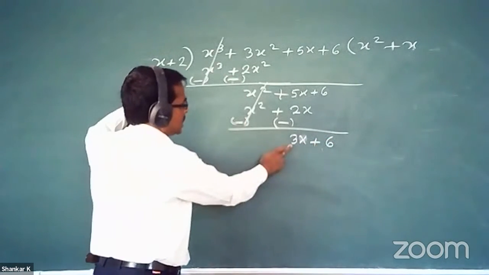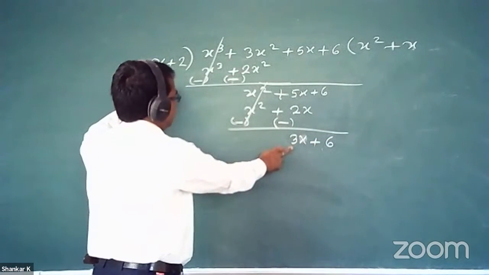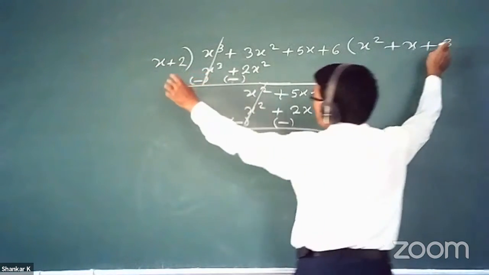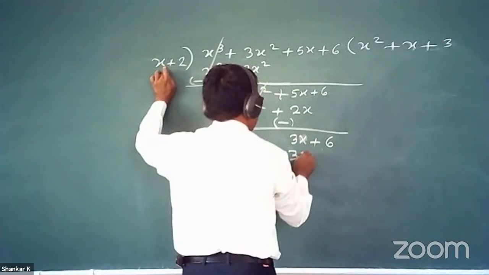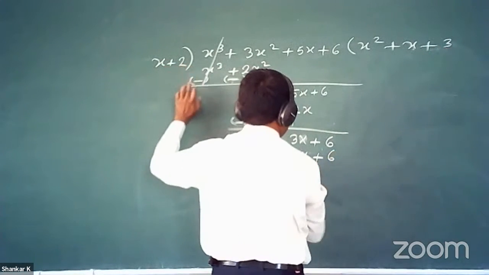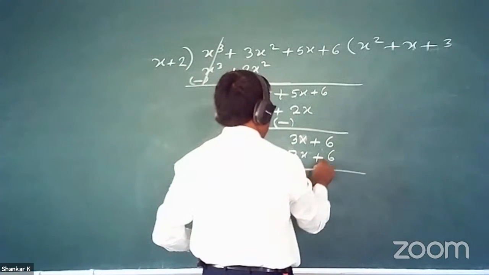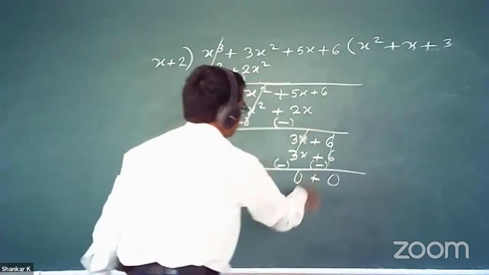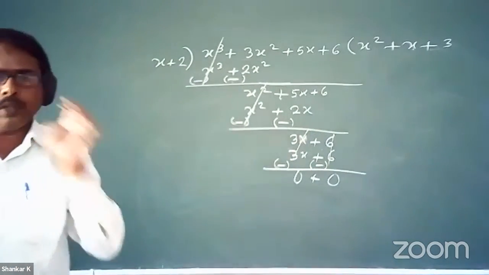We want 3x. How much should we multiply? Plus 3. So 3 into x is 3x, plus 2 into 3 is 6. Change the sign, minus, this is also minus, 0. Remainder is 0. Have you understood?